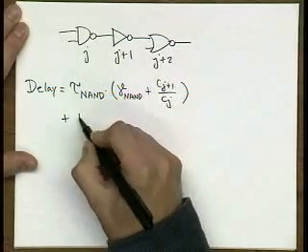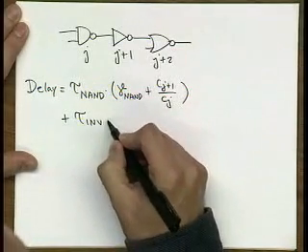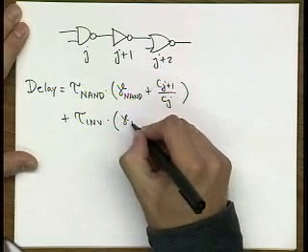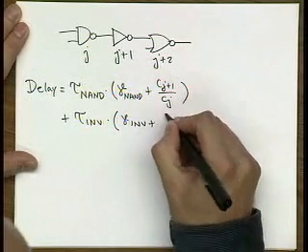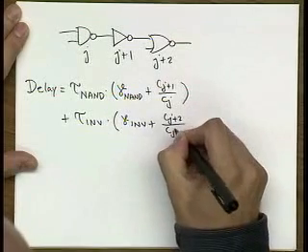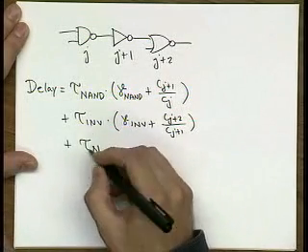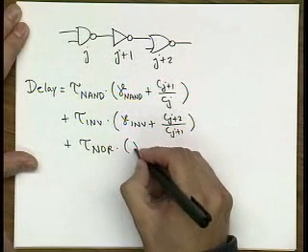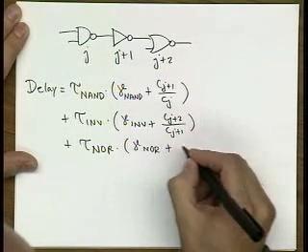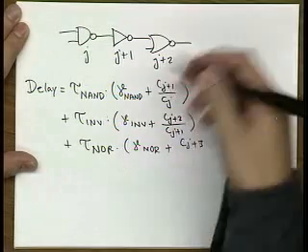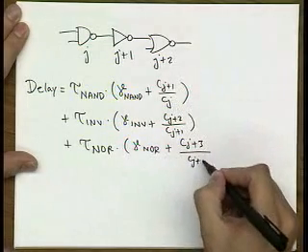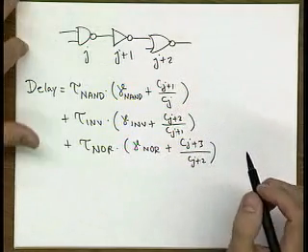And then I have tau for inverter times gamma inverter plus Cj plus 2 over Cj plus 1, plus tau of NOR, gamma NOR plus Cj plus 3, which would be the next stage, divided by Cj plus 2.